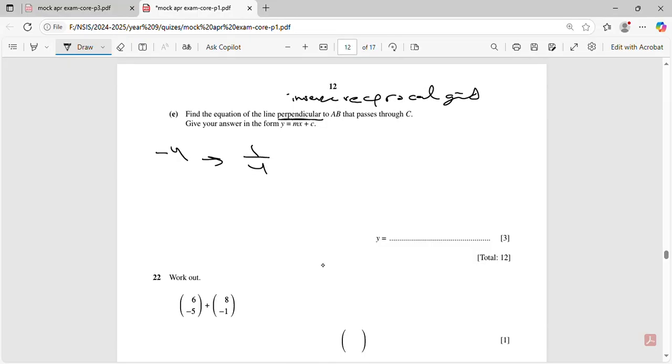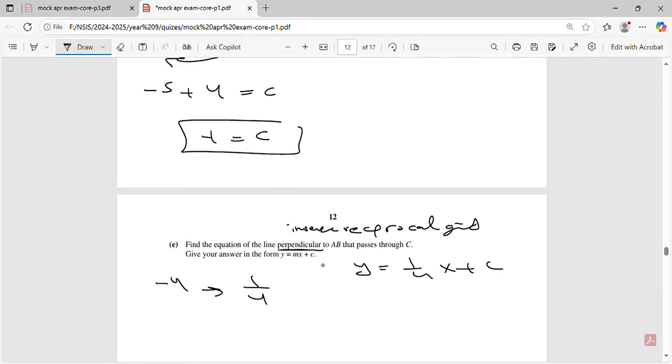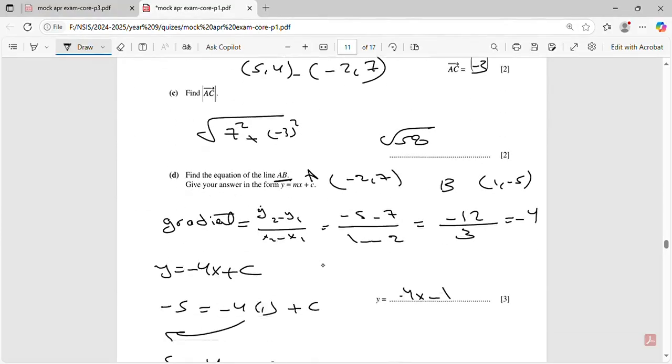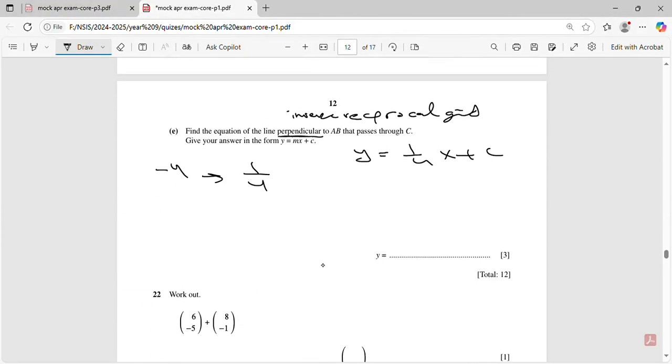As it's 1 over 4 positive and passing through the point C, the equation will be y equals 1 over 4x plus c, and we know that point C is 5 and 4. So I will put y as 4 and x as 5, and find the value of c. The value of c will be 4 minus 5 over 4, which is 1 quarter, so it will be 2 3/4. So 2 3/4 is c, and of course this will be quarter x.